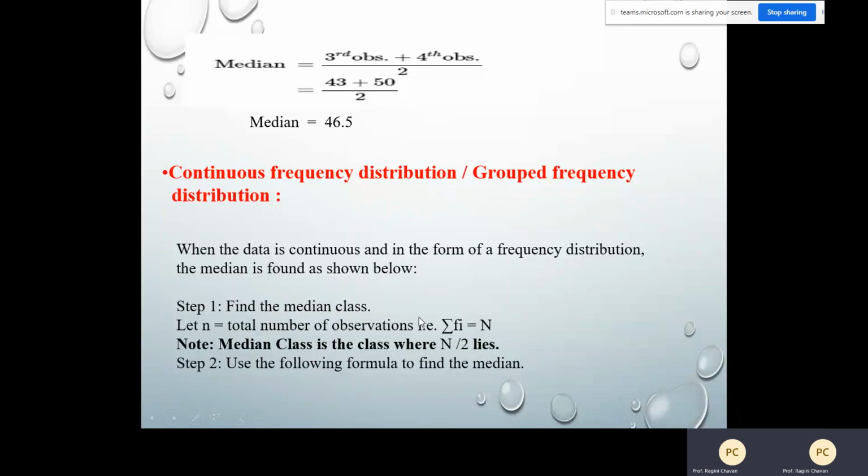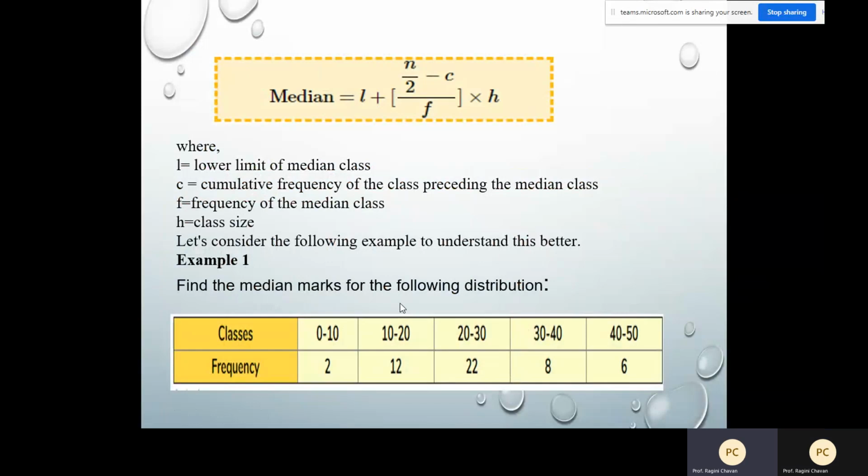So the very first step to find the median for this kind of data is to find the quantity N by 2. Then afterwards, find the less than cumulative frequencies.